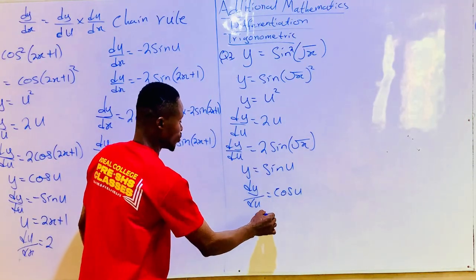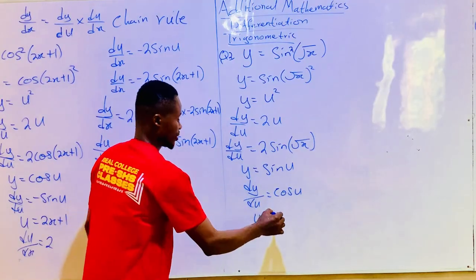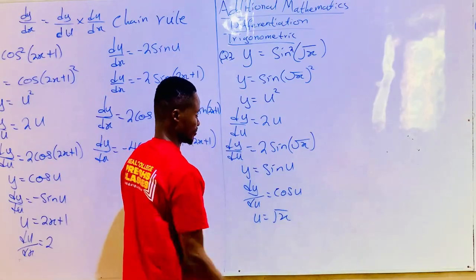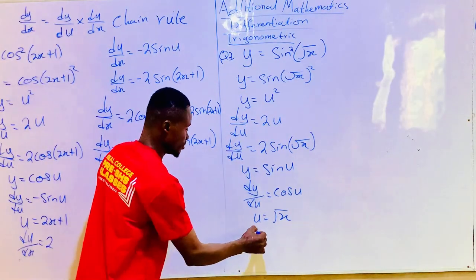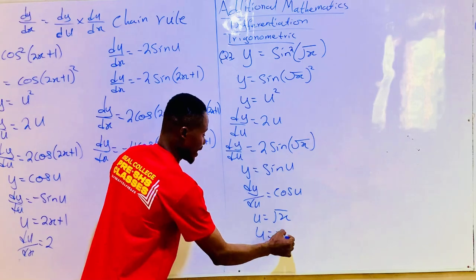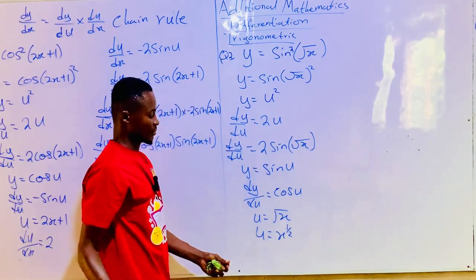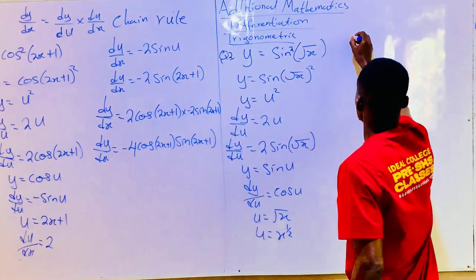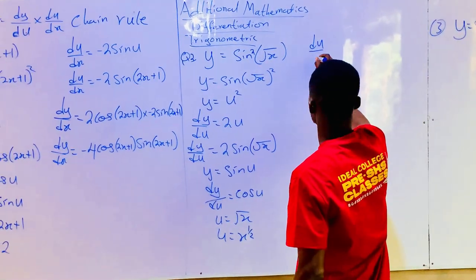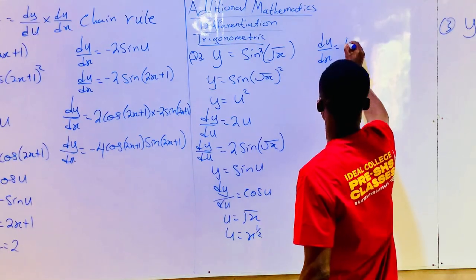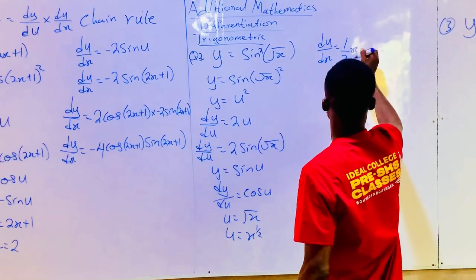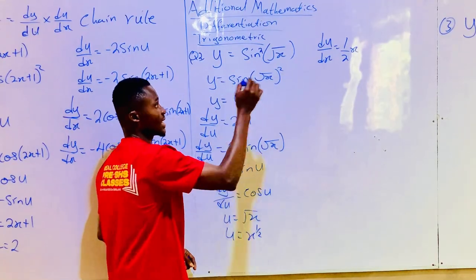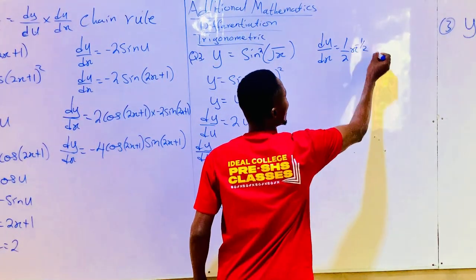Then our u will be equal to root of x. Then we can rewrite this as u equals x to the exponent half. Then we have to differentiate this. So we have du over dx will be equal to half x. Then when we subtract 1 from the exponent, it will give us minus half.